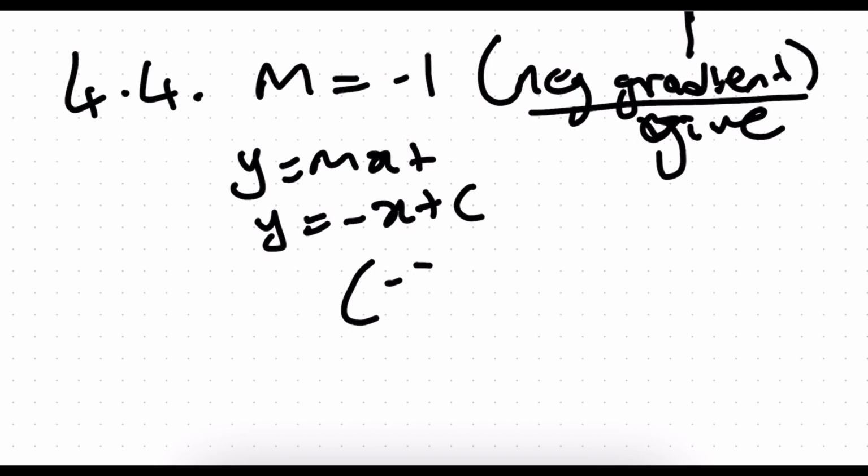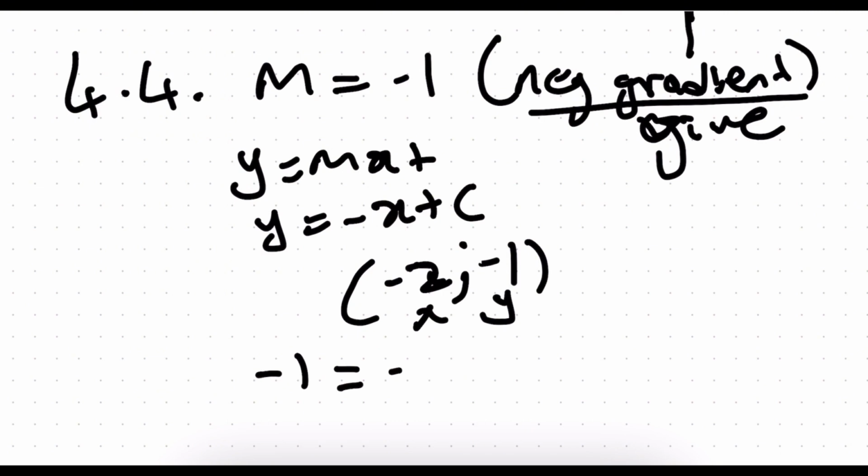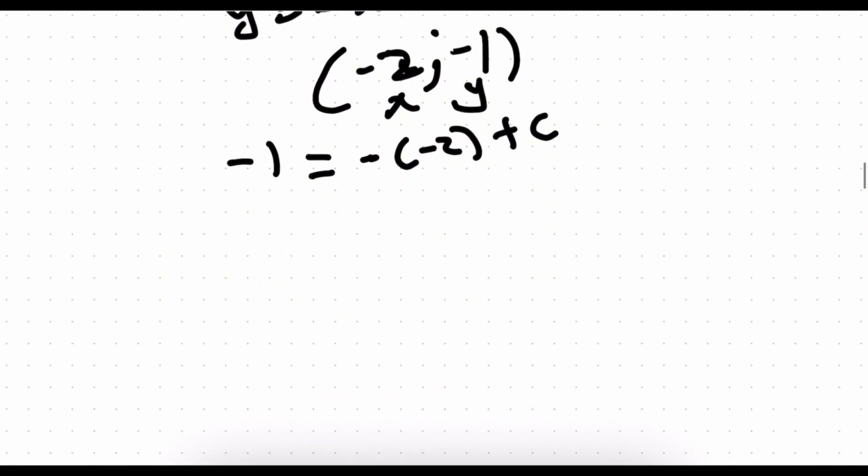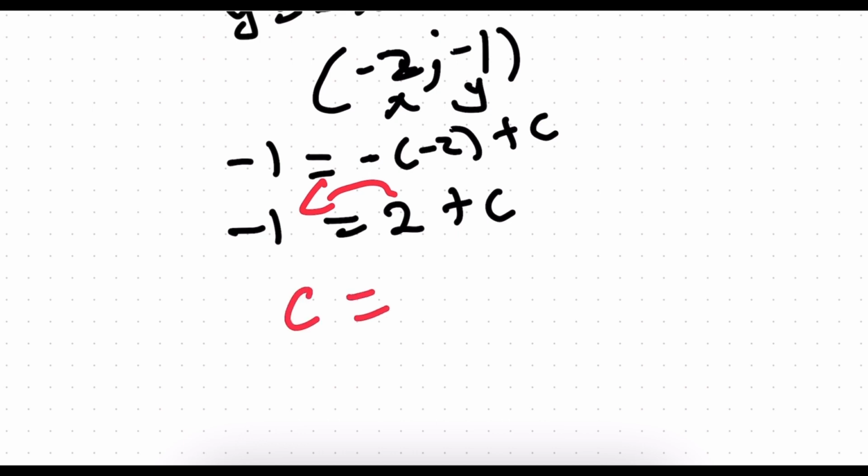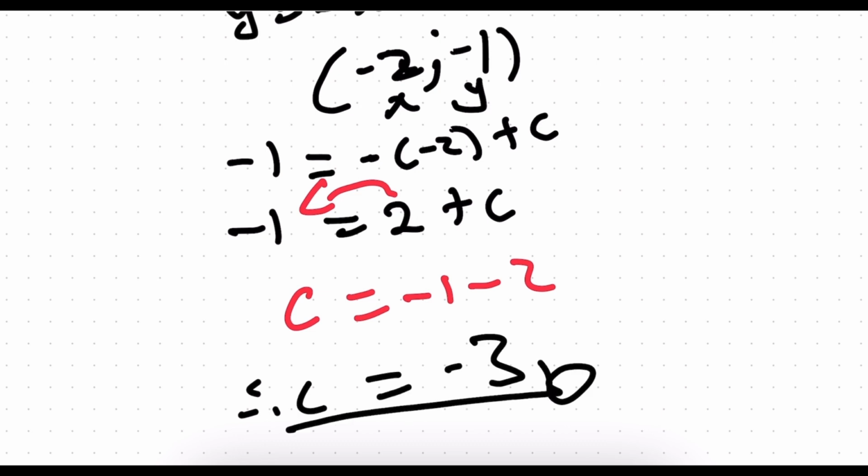You know this line passes through (-2, -1). So if you plug in x and y, you get -1 = -(-2) + c. We're solving for c now. So -1 = 2 + c. Take the 2 to the other side and it changes sign, so c = -1 - 2. Therefore c equals -3.